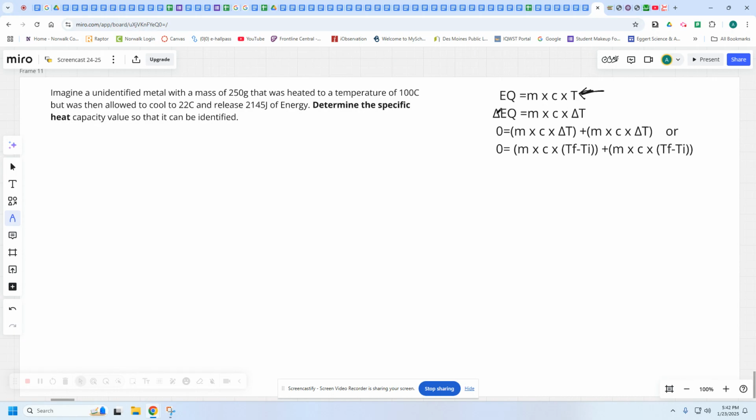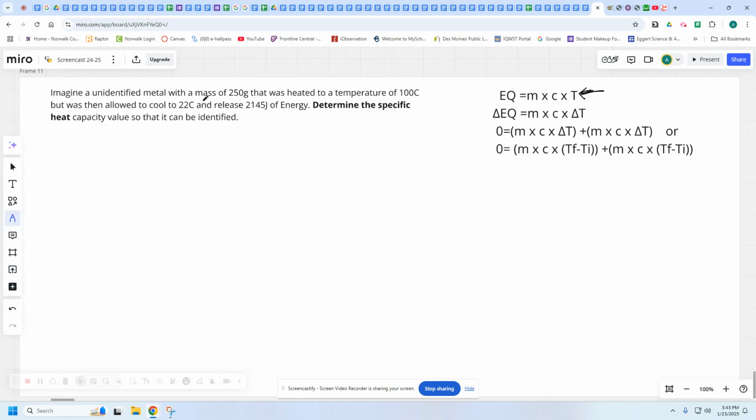The equation below has the change in symbol. So this is if there's been a change in temperature due to some kind of transfer for just one system or one object. The ones that are located below equal to zero are the equilibrium thermal equations that help you predict interactions between two different objects or systems.